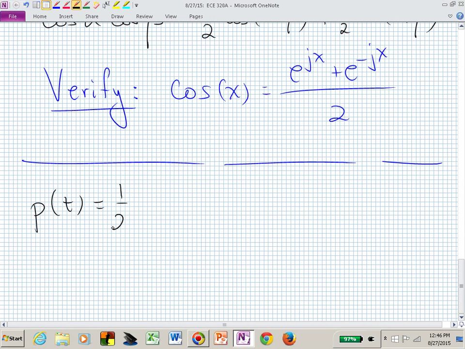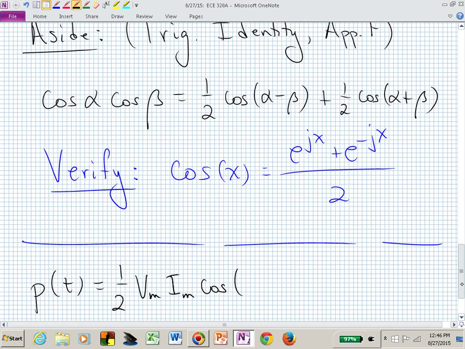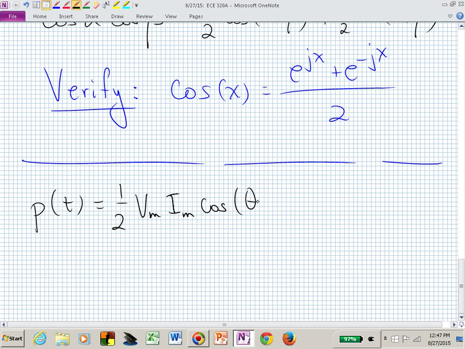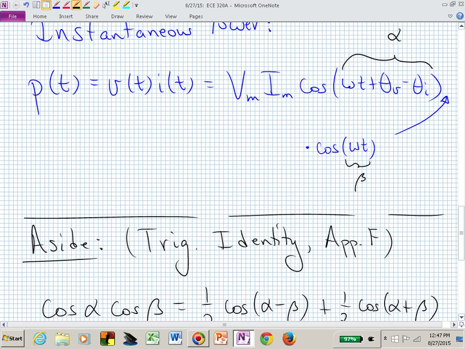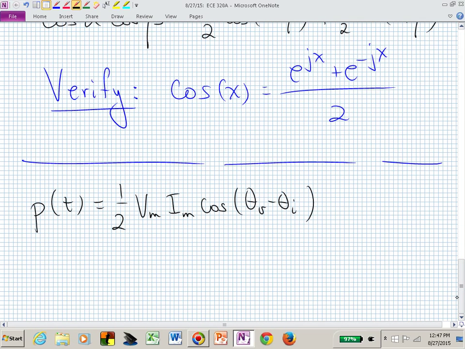We now have 1/2 Vm Im cosine, and if we take alpha and subtract beta, do you see that theta sub v minus theta sub i is all that's left in the argument of those two? That's where this is coming from.